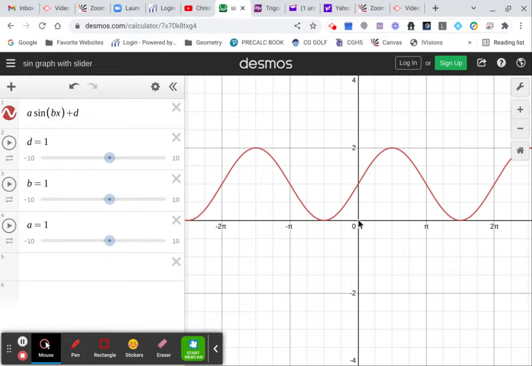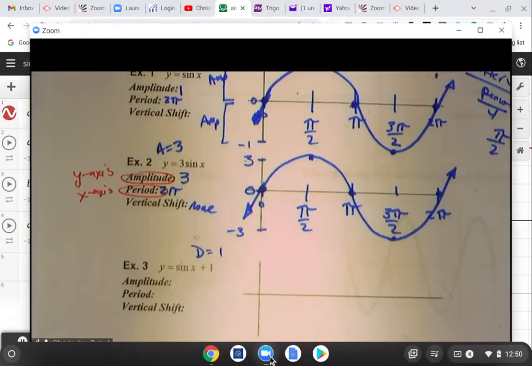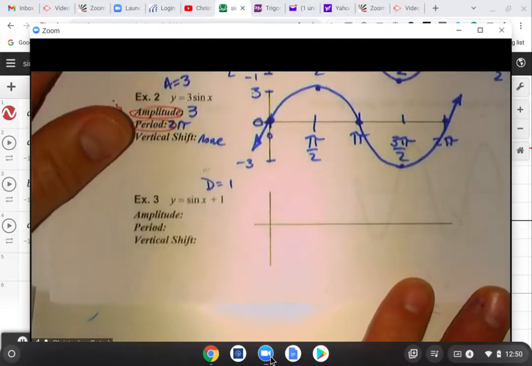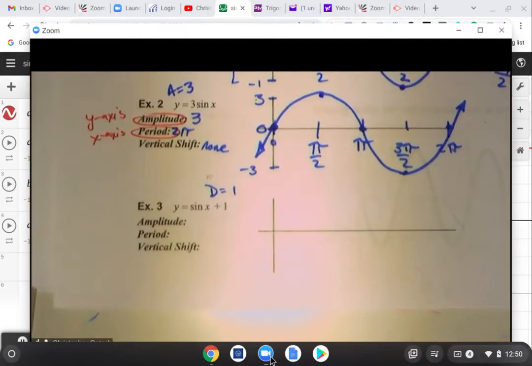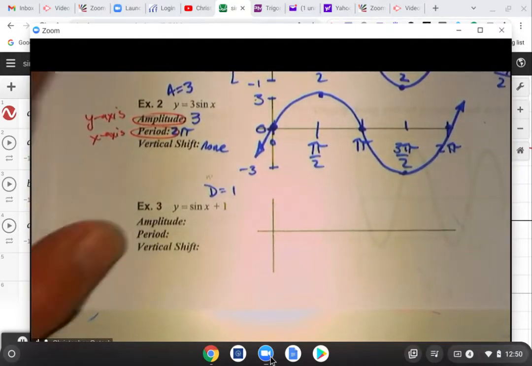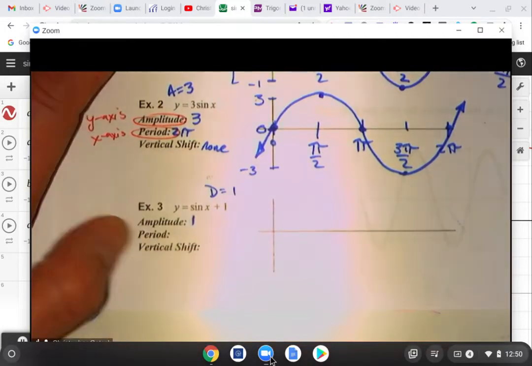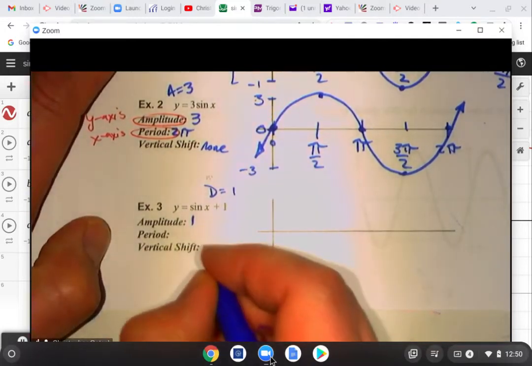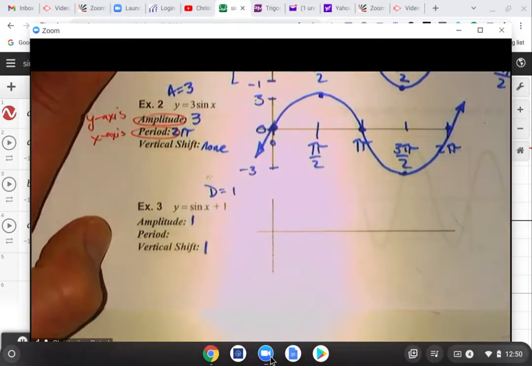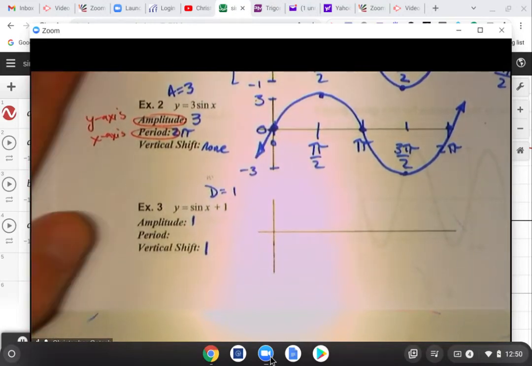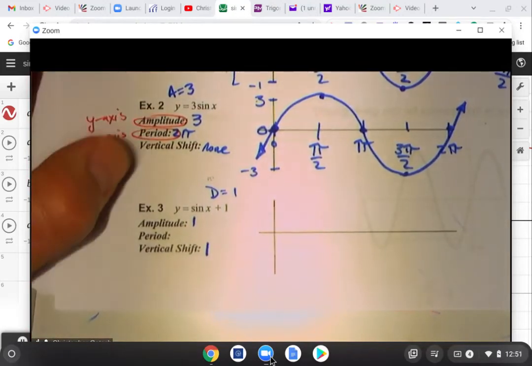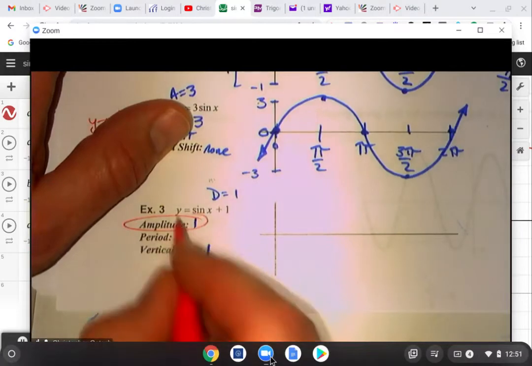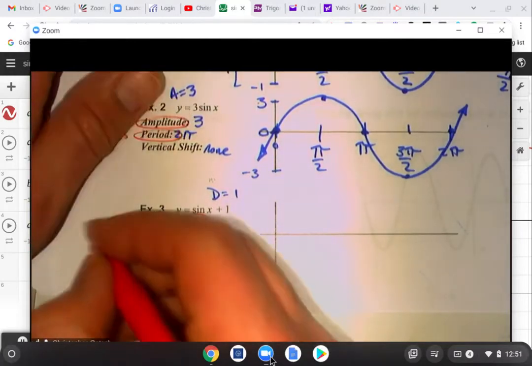Okay? All right, so let's put this in action. Go ahead and graph this guy. So the way I do it, just to make it easy, again, I have an amplitude of 1. There's no number in front of sine, but there is a vertical shift. This vertical shift is plus 1. So if you're using MyMathLab, you're just going to use your little slider and move your vertical shift. And these two work together for the y-axis.